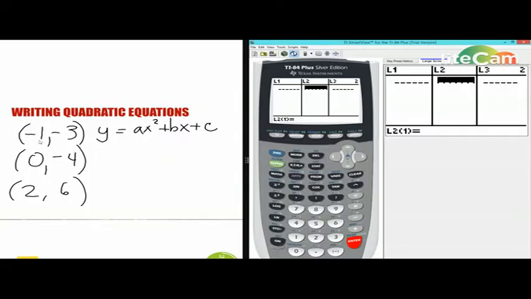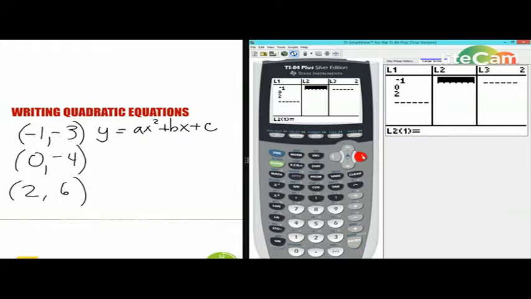And so you're going to put in -1, and then 0 is your x's, and then 2. Those are all the x values that I need to enter for these 3 points, given that they are on the parabola.